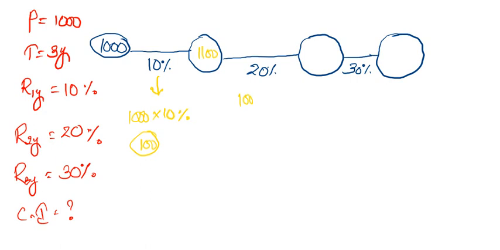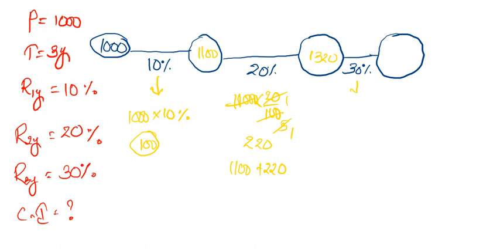Again 1100 of 20% is, so 20 ones, 2 fives, 5 ones, 5 twos, 5 twos, 0. So that is 1100 plus 220. It will become 1320.